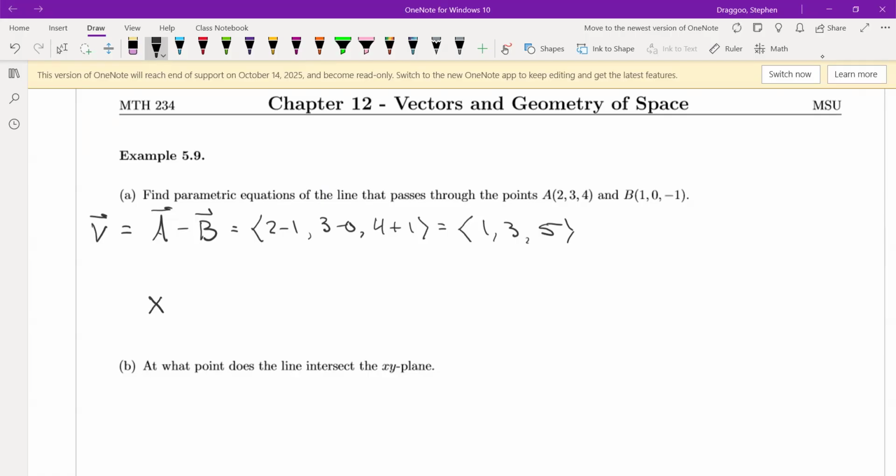I just need to initialize this somewhere. Let's start at b. It looks like an easier point. X is going to be 1 plus 1t. Y is going to be 0 plus 3t. And Z looks like -1 plus 5t.